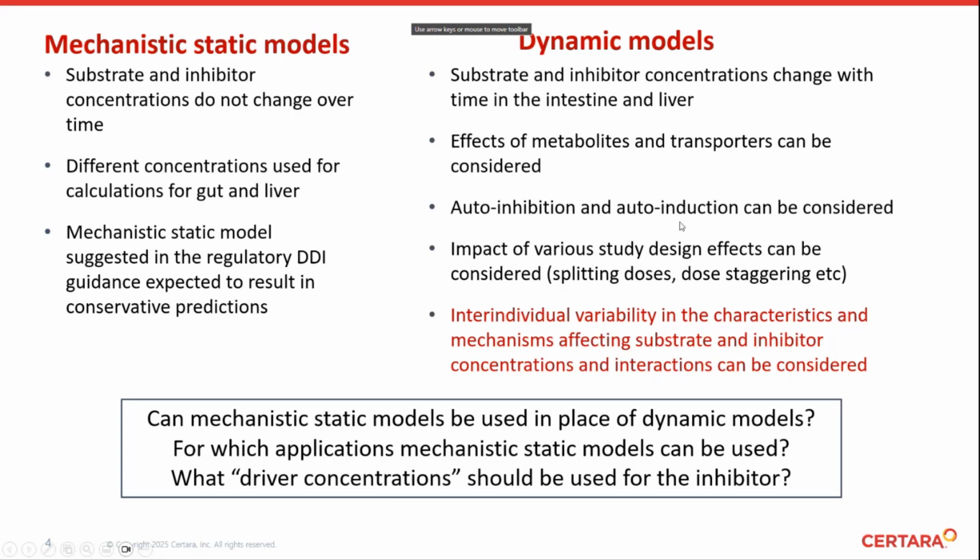Auto-inhibition and auto-induction can be considered as well. Mutual interactions between the substrate and inhibitor can be factored in dynamic models, and that would be a challenge with mechanistic static models. And also the impact of various study design effects like dose staggering, changing formulations, and splitting doses can be factored in.